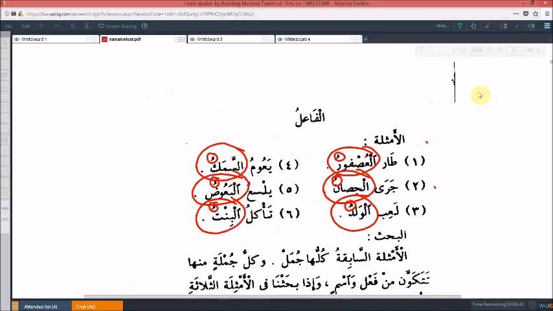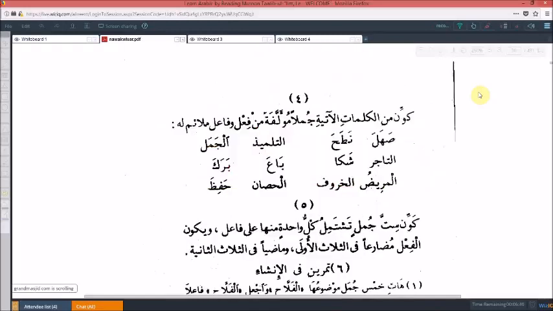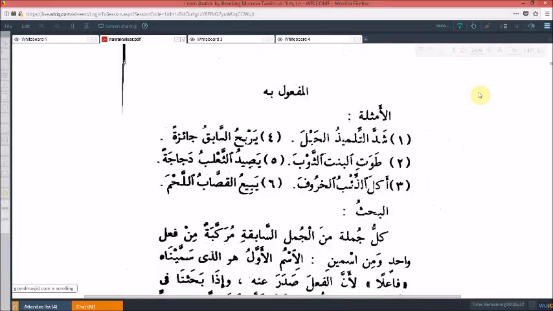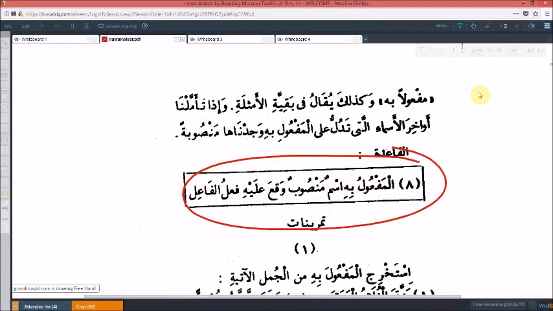Now, I'm just going to do one more just because I want to do the maf'ulun bihi with it. Let me see. Hopefully it won't take too long because we've been through this a lot. Let me go down to the qa'ida. Al-qa'idatu thaminah. Al-maf'ulu bihi ismun mansubun waqa'a alayhi fi'lul fa'il.